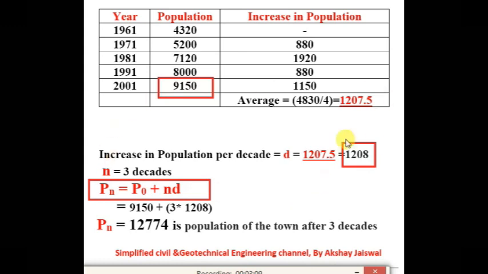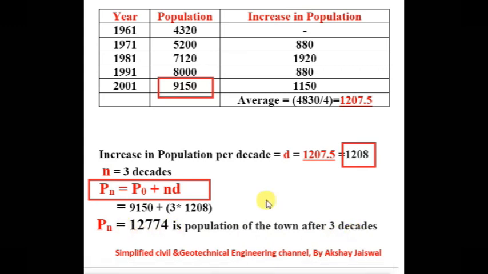Using all these values, Pn = 9150 + 3 × 1208. We get Pn = 12,774, which is the population of the town after 3 decades. That means the population of year 2031 is 12,774.